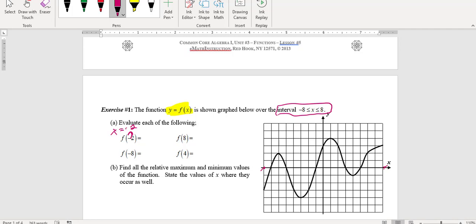To figure that out, we can go to our graph, go to -2 on the x, and then go down and see where it hits this curve. It hits at -3. So when x is -2, f of x, or y, is -3. Another way we could think about that is that's really the point (-2, -3).